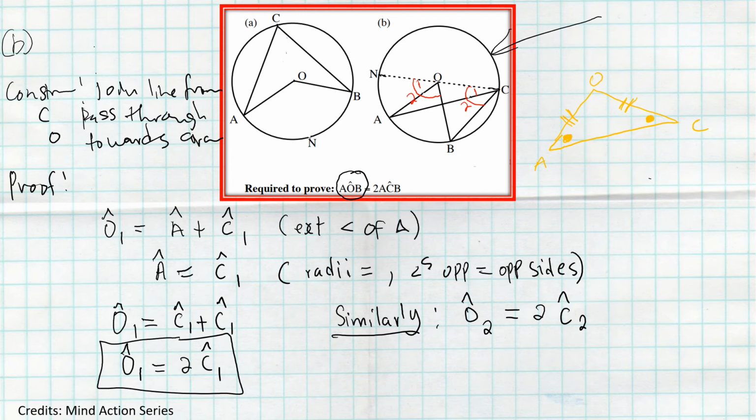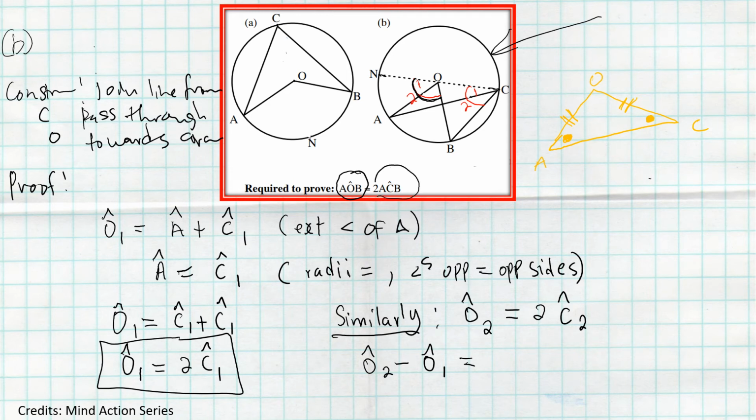So what is angle AOB? Angle AOB is the same as angle O2 minus angle O1, because O2 is this whole one. If we subtract this smaller one, then we have our AOB.